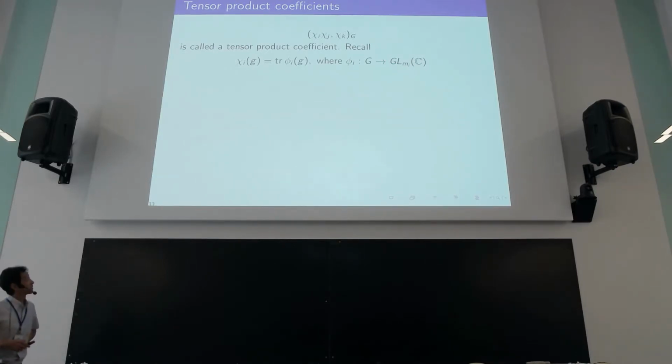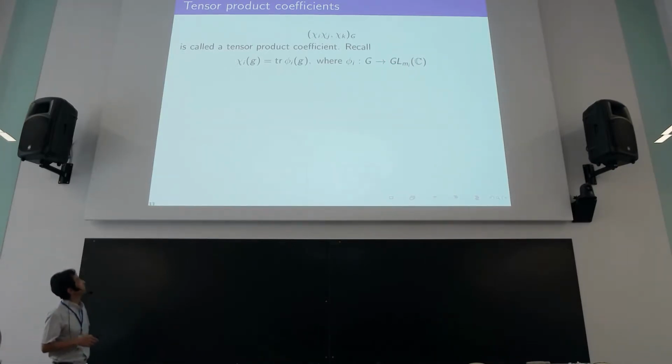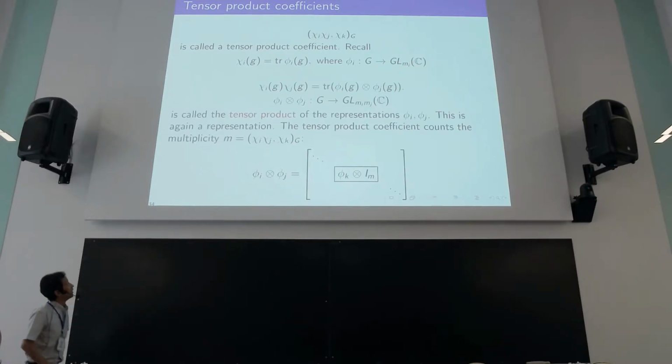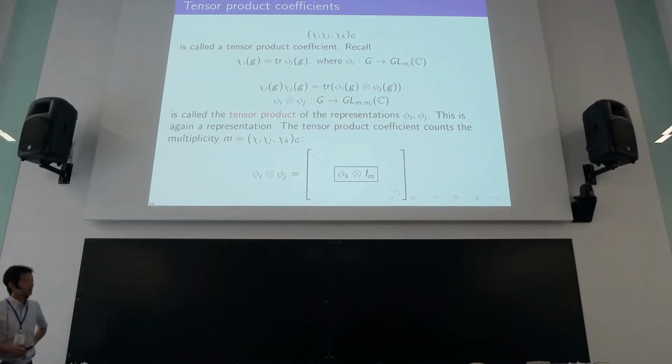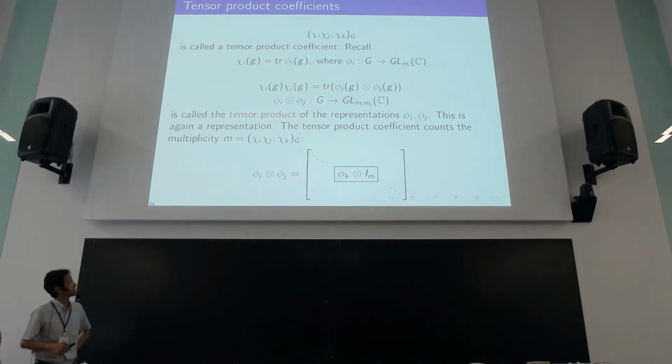Then what is the product of characters? Well, the product of traces is not the trace of the product. Rather, the product of traces, chi I G times chi J G, is the trace of a bigger matrix that is called the Kronecker product or tensor product.